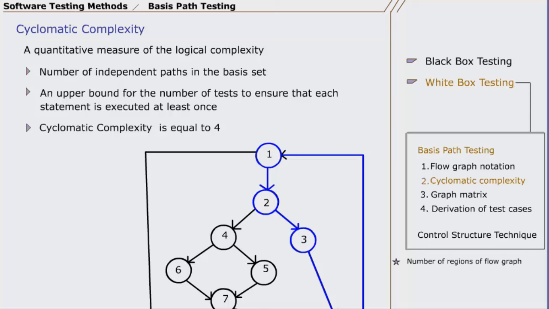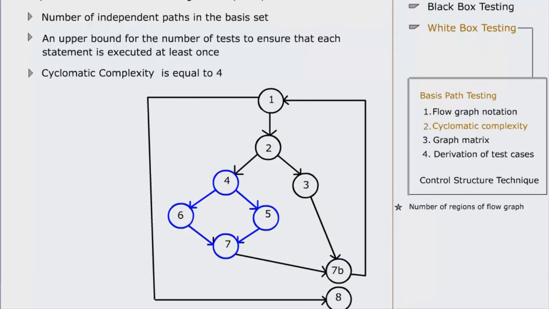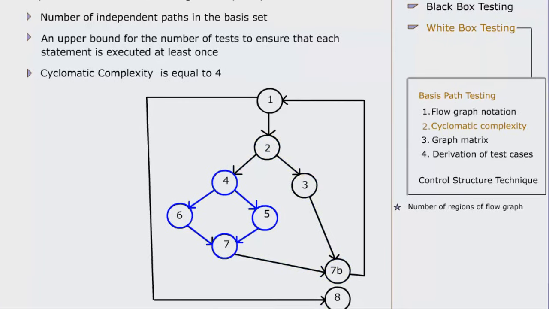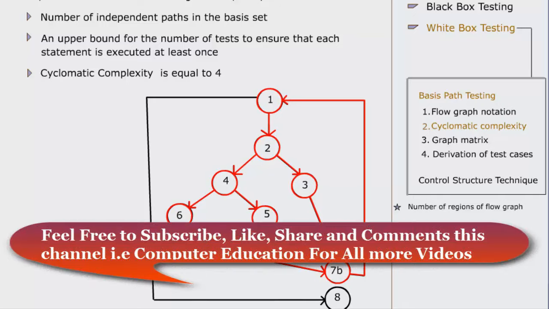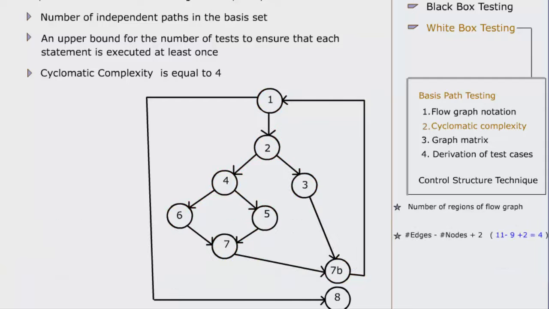Number 1. Count number of regions of flow graph. Since there are 4 regions in this flow graph, therefore cyclomatic complexity is equal to 4. Number 2. Count the number of edges, subtract number of nodes from it, and add 2 in it.